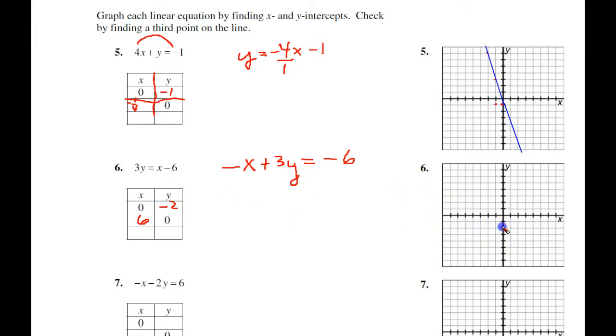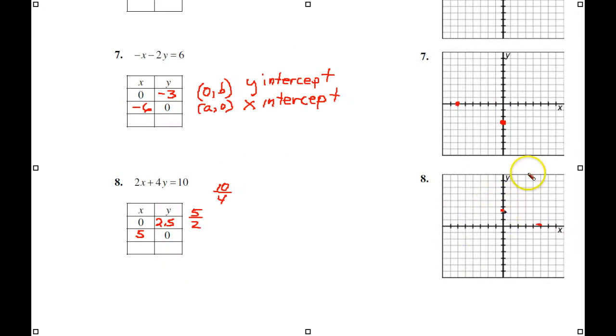So now you have your 2 dots. So right there, 0, negative 2, and then 6. 1, 2, 3, 4, 5, 6. And your line. Okay, going on to these next two. As you can see, it's in standard form.